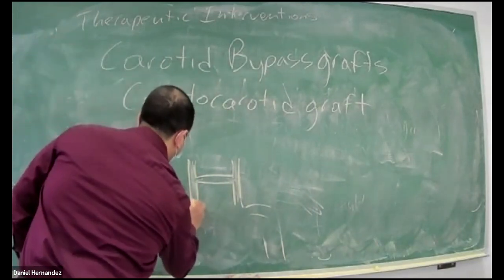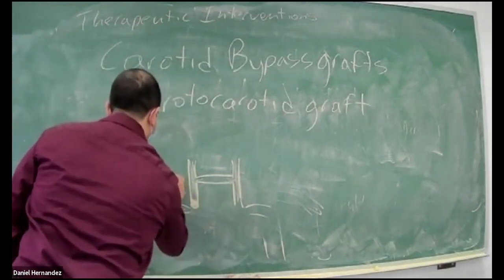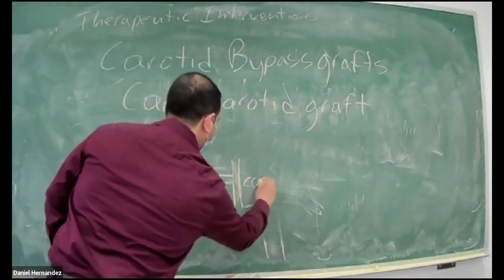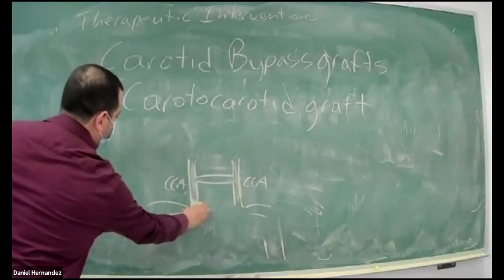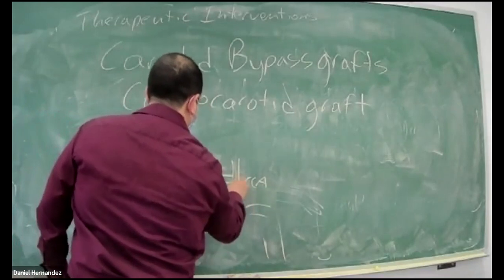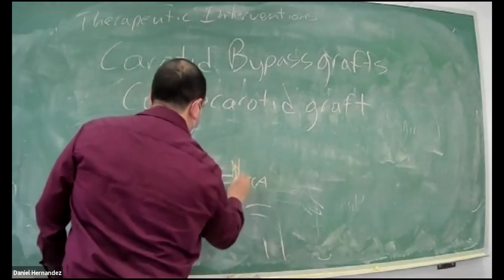So if we have a blockage in the proximal right CCA, we can stop blood flow coming up the CCA.